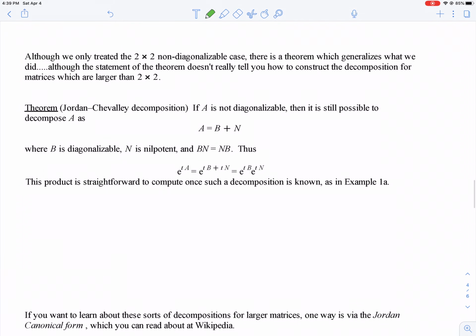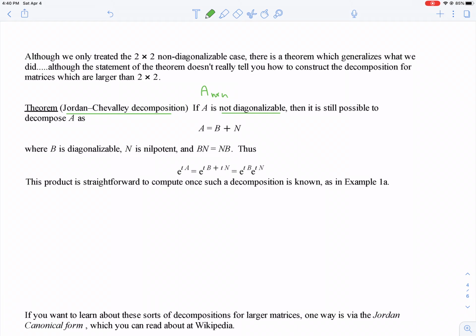Okay. Now, I just told you how to do the 2 by 2 non-diagonalizable case of computing e to the tA. And there's a theorem called the Jordan-Chevalley decomposition, which says for n by n matrices, if A is not diagonalizable, then you can still decompose A as B plus N, where B is diagonalizable, N is nilpotent, and N and B commute.